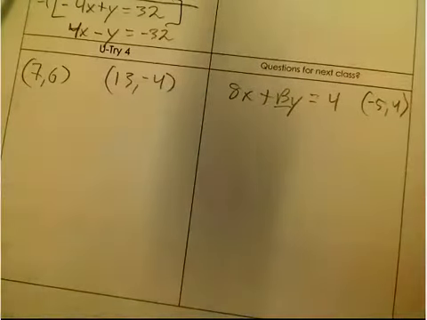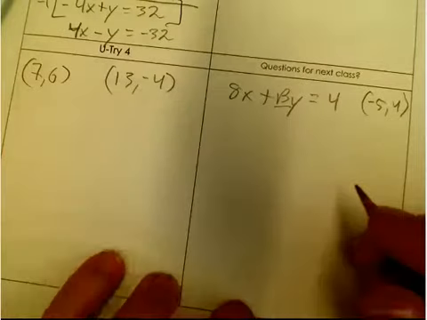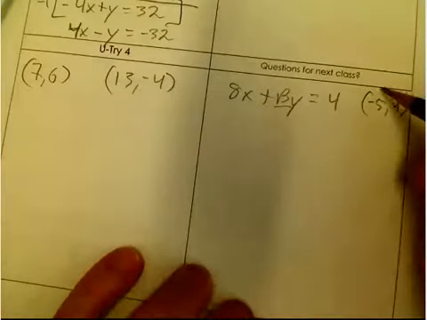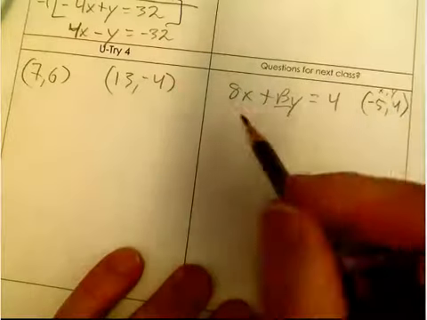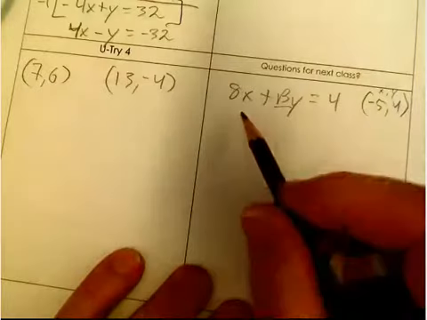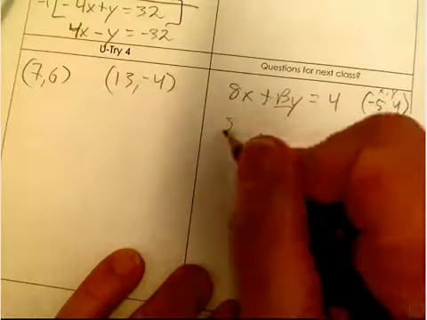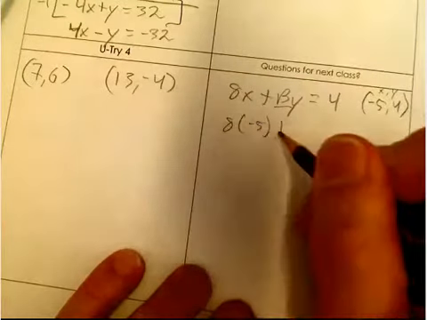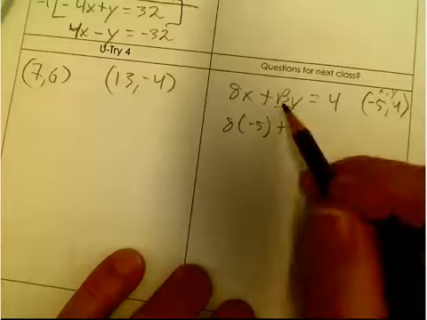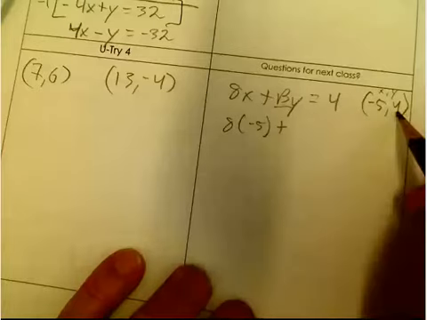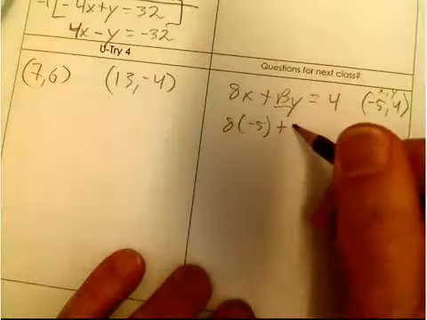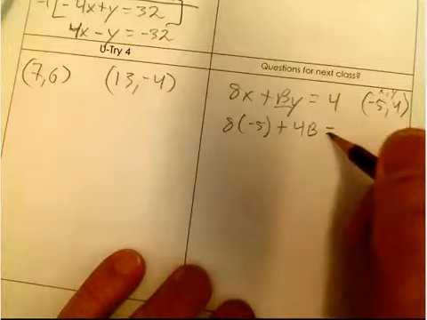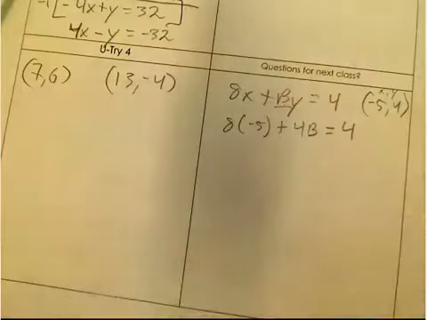How would we do that? Well, remember, an ordered pair is always written as x, y. So I can put -5 in place of x and write 8 times -5 plus b. B is the one thing I don't know, but I do know what y is. Y is 4, so I have 4 times b, and I have equals 4 to finish the equation.